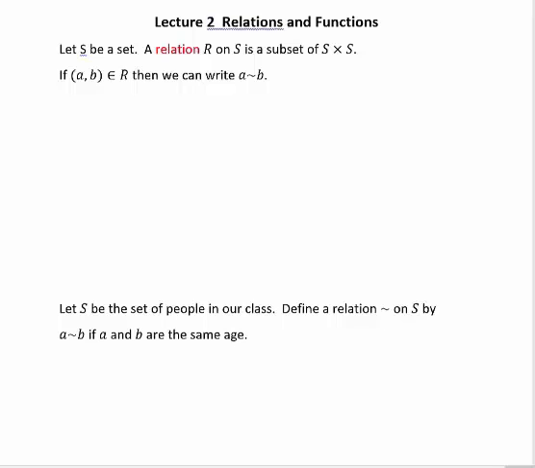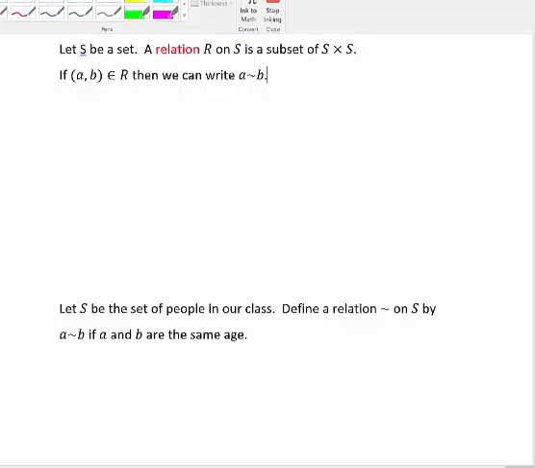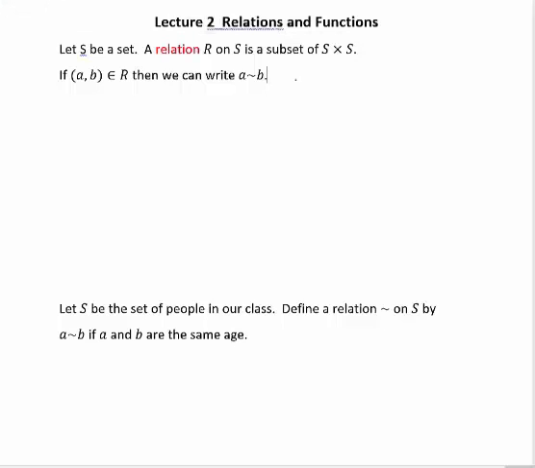If the ordered pair A, B is in that subset R, then we can write A squiggle B, or you may see it also written as ARB. So R can be used to symbolize the relation, and it also is the name of the subset. And the relation actually is a subset of S cross S.